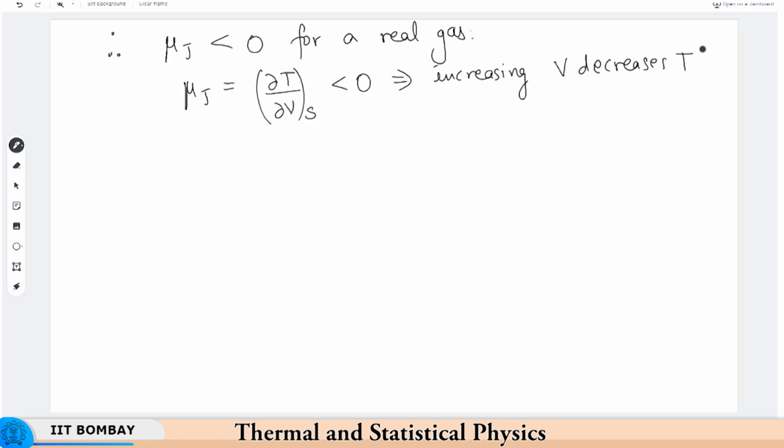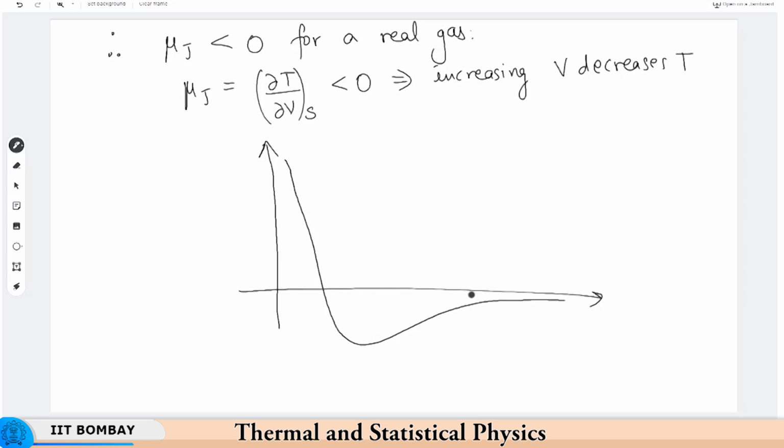Now let us try to think about it conceptually. Why is that happening? For that I will again go to the intermolecular attraction potential that we typically have between molecules. I will draw it a little bit bigger. Typically the attractive interaction potential between two gas molecules looks like this: this is R, this is V of R, this is usually 0, and values below this are negative.